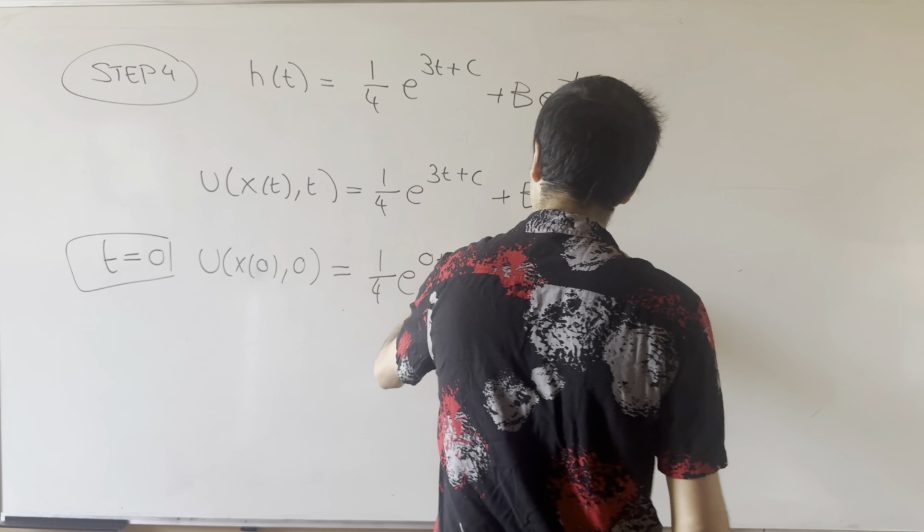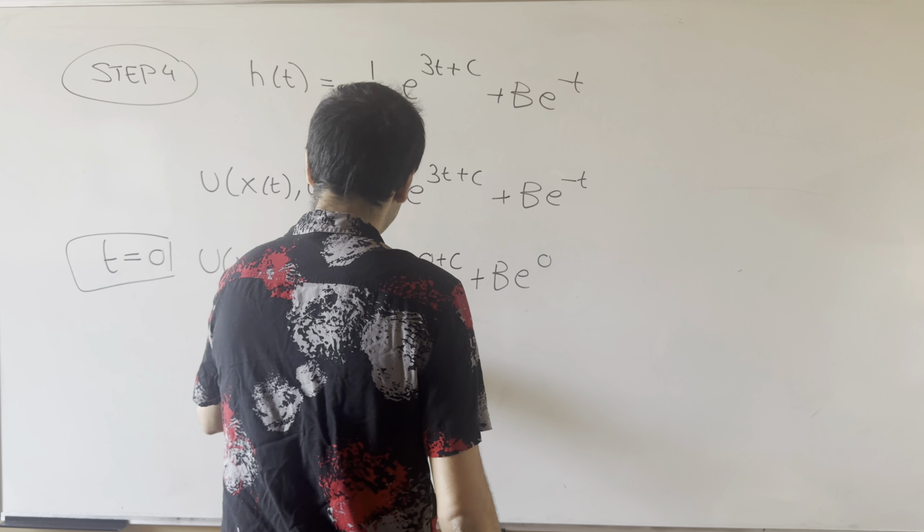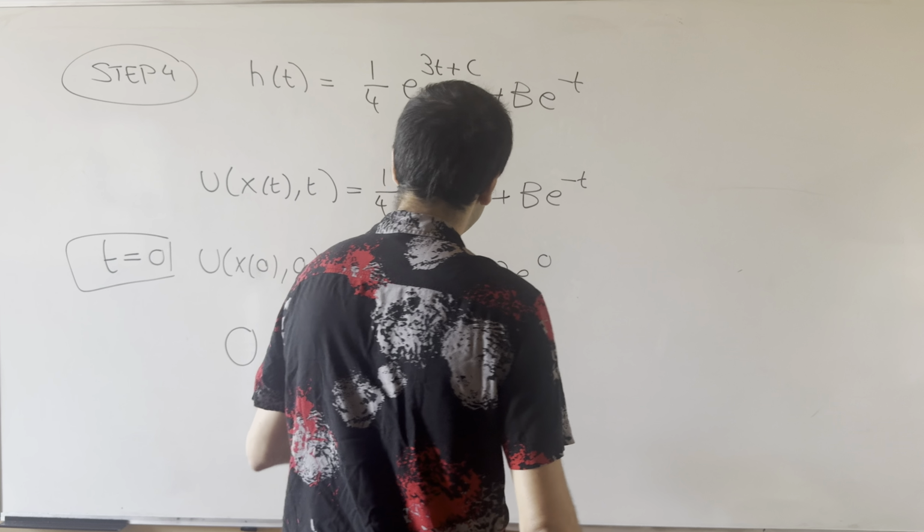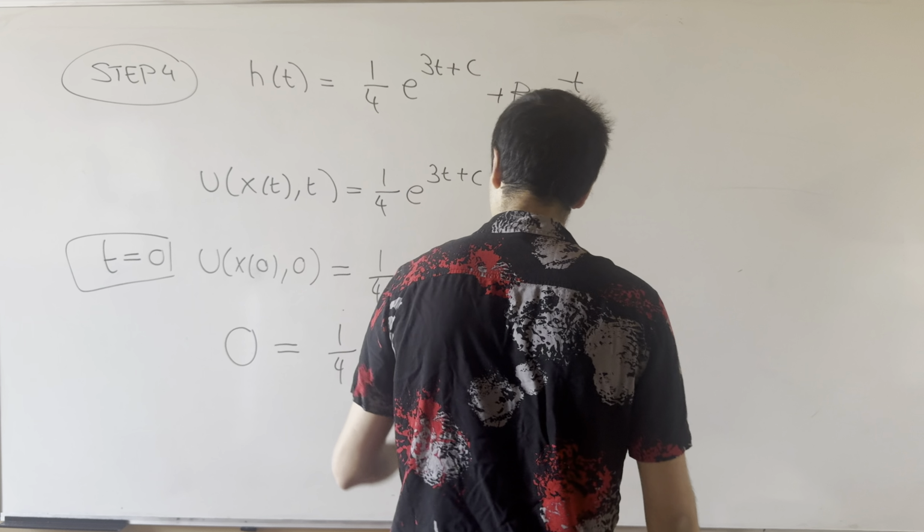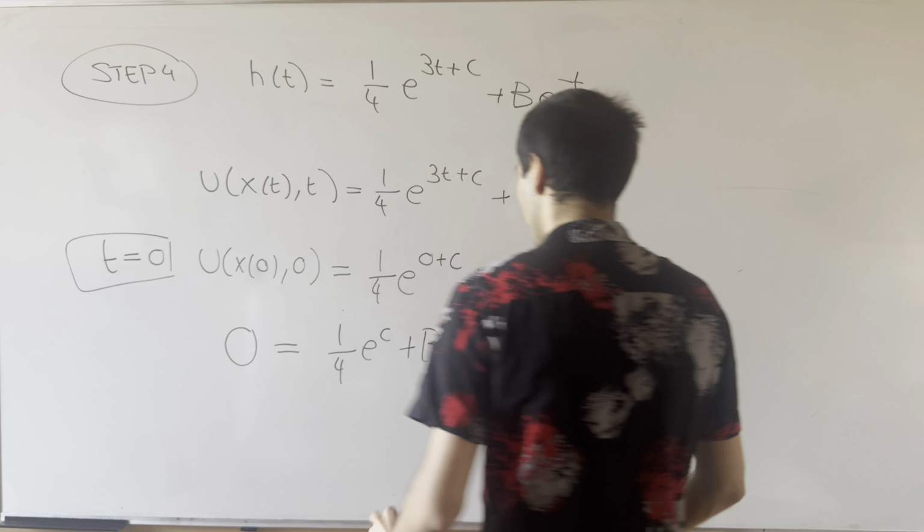But remember, u of x0 was just 0. So now we get 0 is 1/4 e to the c plus b. And in particular now, we can solve for b in terms of c. So b is minus 1/4 e to the c.